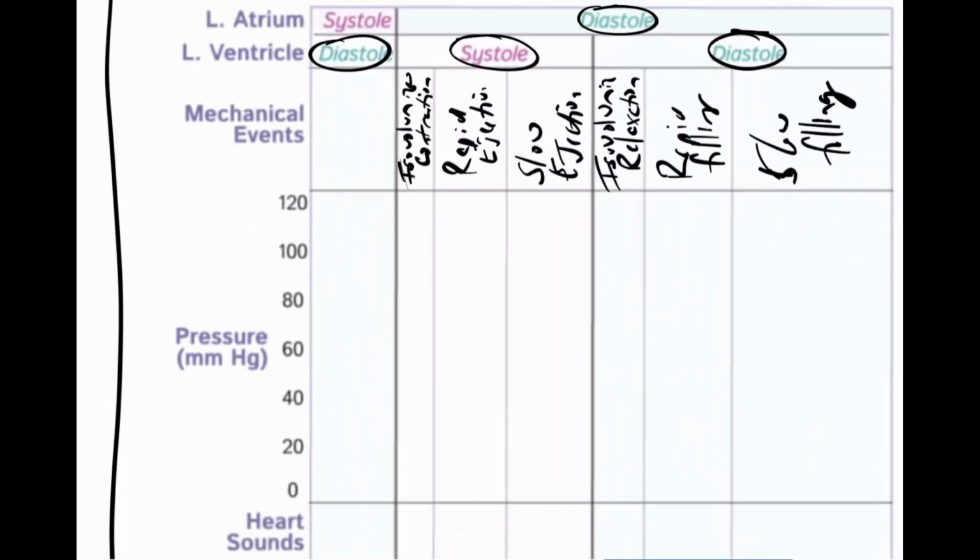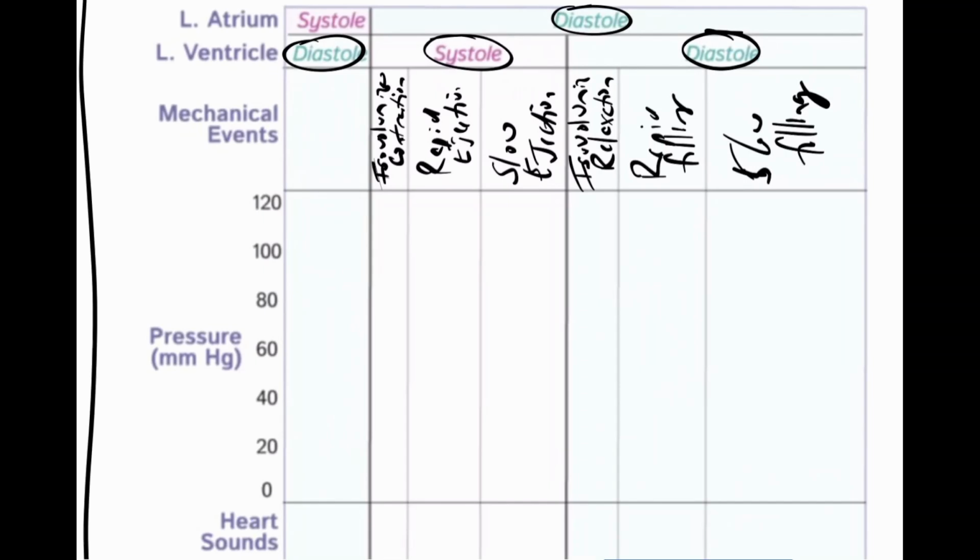Now, let's talk about the pressures. So we're going to do different colors here. Red is going to be aortic. Blue is ventricular. And the green is atrial pressures.